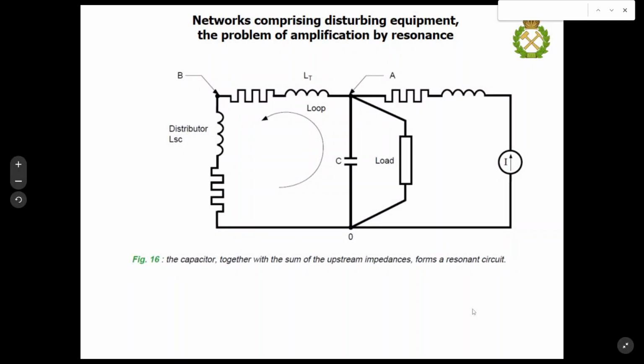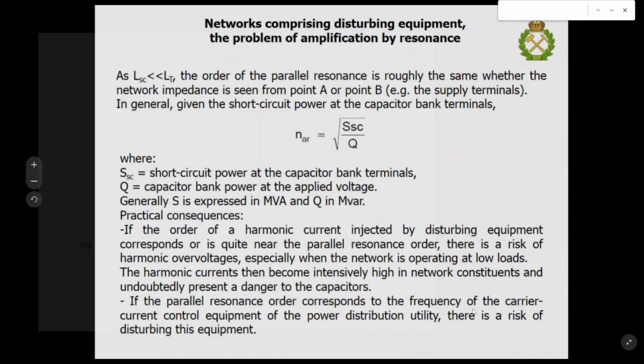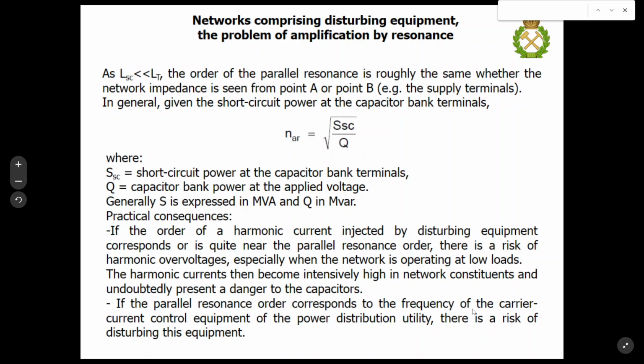Also, we should take into account more complex topologies with distribution networks, harmonic sources, and so on. And according to such topology, if we know the total power of the short circuit level and the reactive power of capacitor banks, we can calculate the anti-resonance frequency and the corresponding number of harmonics connected with such resonance.